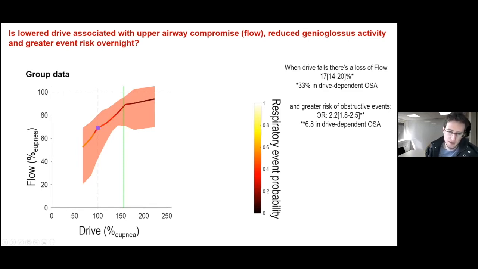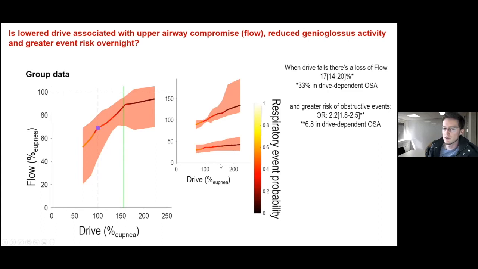Twice as likely to go into a respiratory event as drive goes down. And these findings are actually concentrated in that subgroup of 60% of patients who had drive-dependent OSA. So they had a 33% drop in flow as drive goes down, and a 7-fold increase in respiratory event risk as drive goes down during the night, for whatever reason.